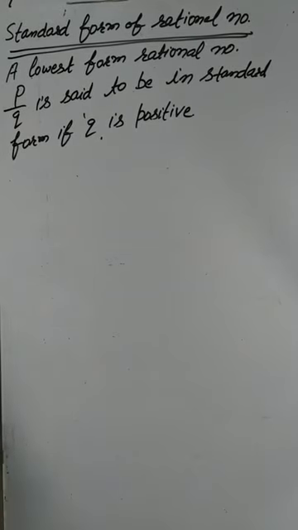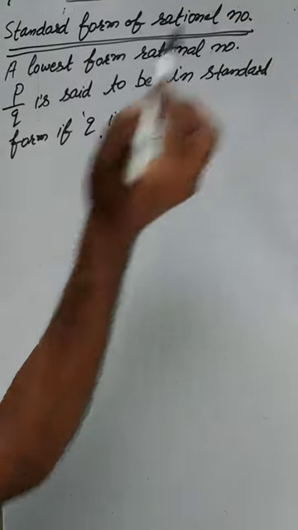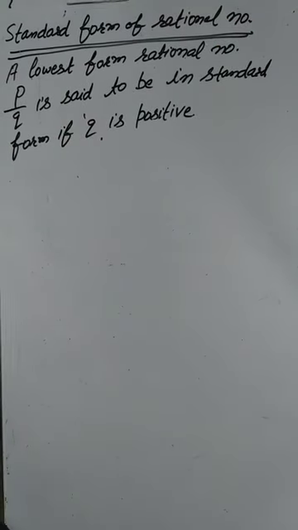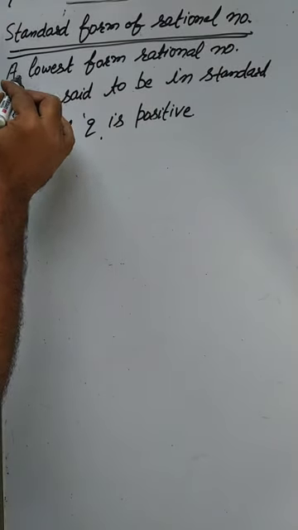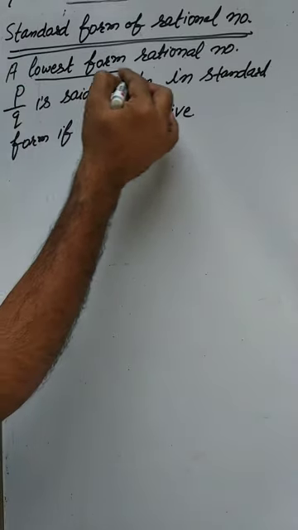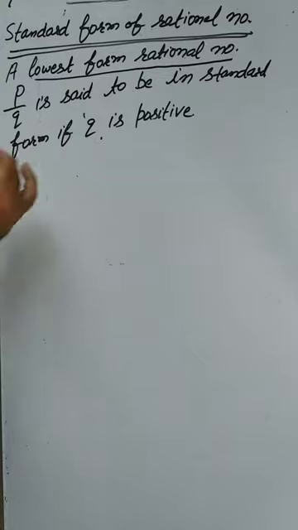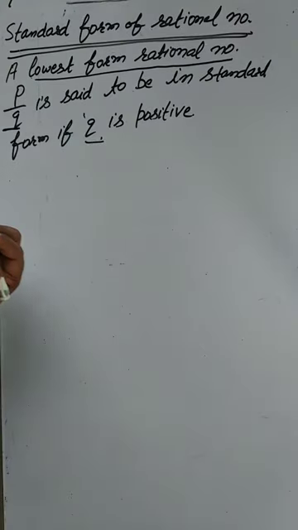Yes beta, our next topic is standard form of rational number. A lowest form rational number P upon Q is said to be in standard form if Q is positive.